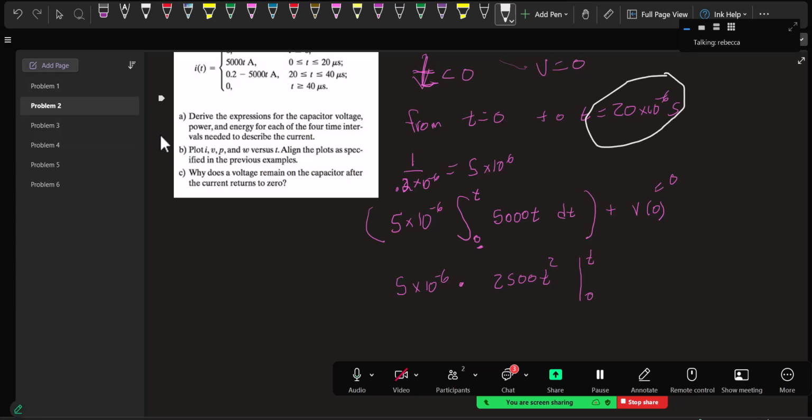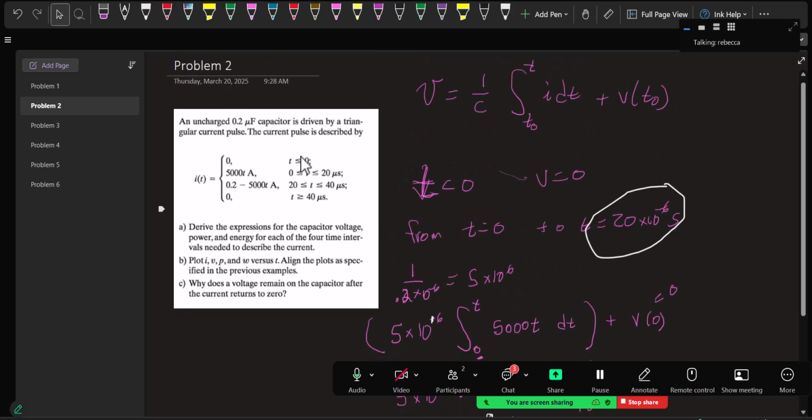So then I get 12.5 times, this is 5 times 10 to the positive 6, so this is 12.5 times 10 to the 9th t squared volts. Okay, so that is our first time period.